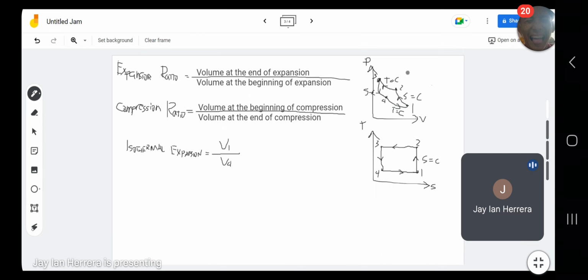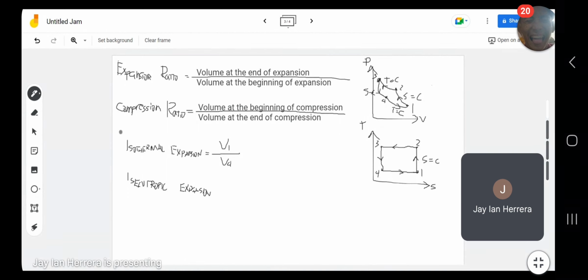So, in this case naman, sa ating TS diagram ng Carnot, dito is the point 1 is the end of expansion. And point 4 ang beginning of expansion. So another expansion ratio is isentropic expansion ratio.